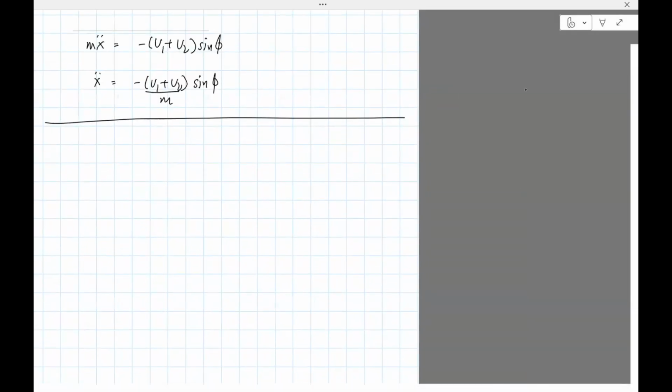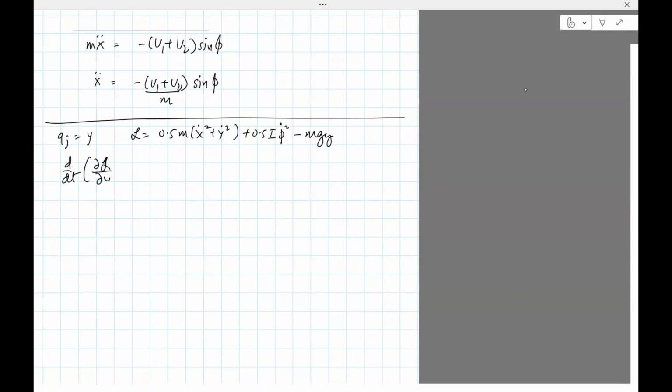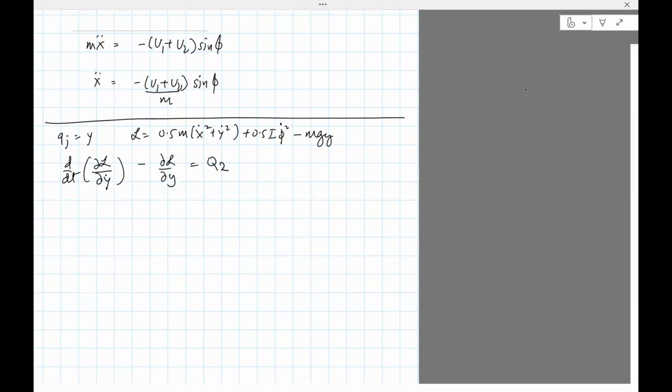Okay, next we put q_j equals y. Note that L is 0.5 m (x dot squared plus y dot squared) plus 0.5 I phi dot squared minus mgy. So we'll need that now. d/dt of dL/dy dot minus dL/dy equals Q2.